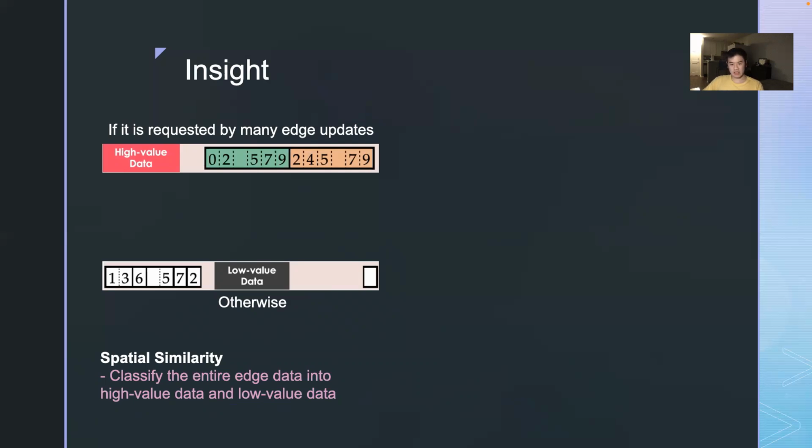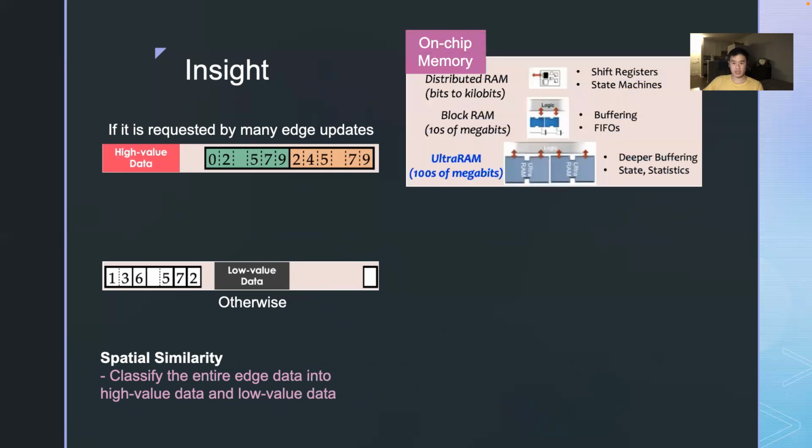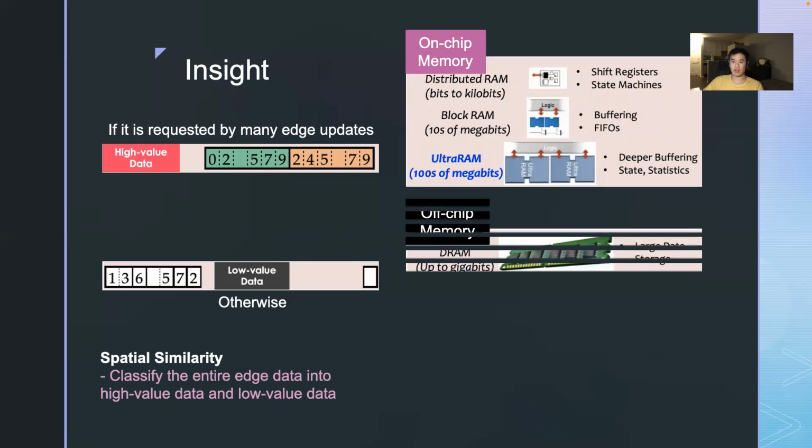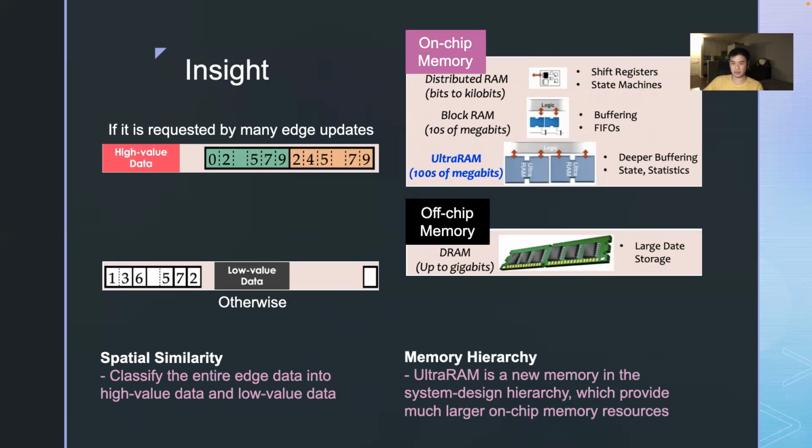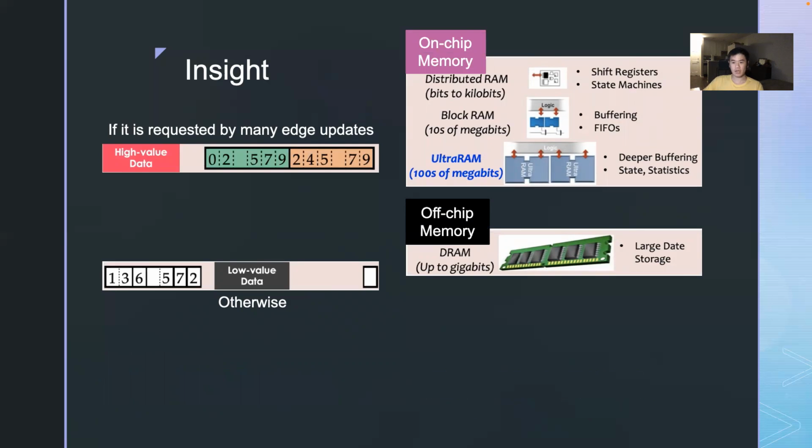There is a significant gap between FPGA on-chip memory and off-chip memory that causes problems in some applications. Fortunately, there is a new memory in the system design hierarchy called UltraRAM, which provides a much larger on-chip memory resource to fill that gap.